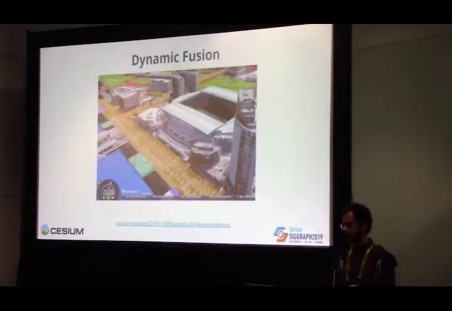An example of that: this is the same data set again. On top is a GeoJSON data set I got from a public Australian government website of all the roads. Orange is main arterial roads, and I think green is the public transit lines. So I can do this kind of dynamic fusion where, let's say I was only concerned about seeing the roads and I don't necessarily care about what type of road it is.